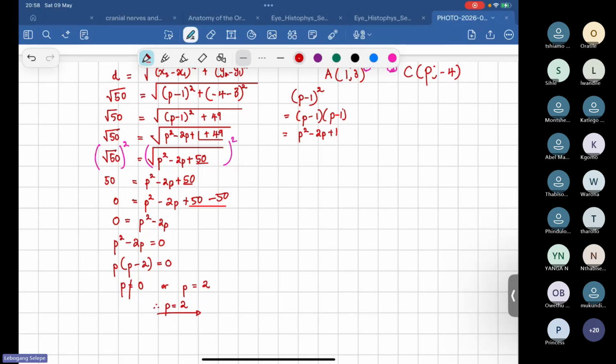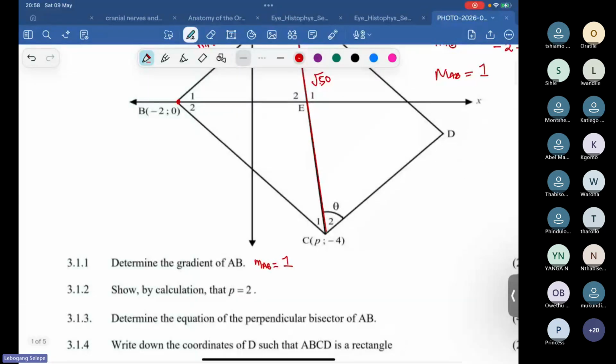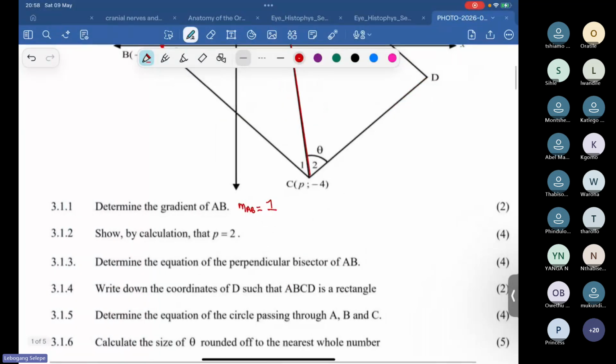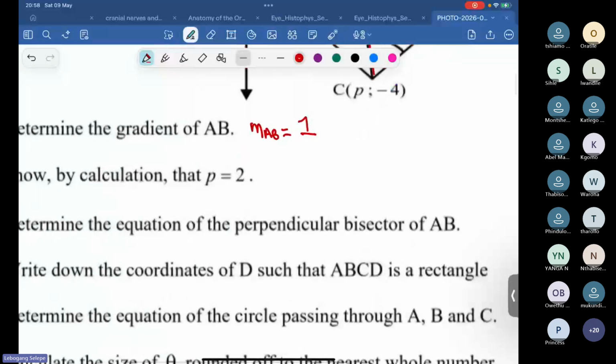Right. So now, from that, we can now determine the equation of the perpendicular bisector of AB. So in analytical geometry, as I said, it's very important, one, to understand the terminology. Two, it's very important to make constructions, right? So in this case, we talk about the perpendicular bisector of AB, right?